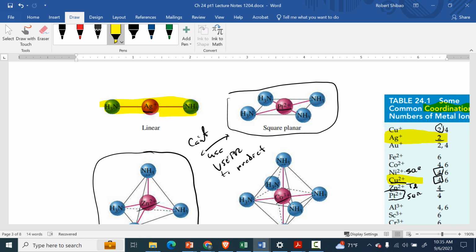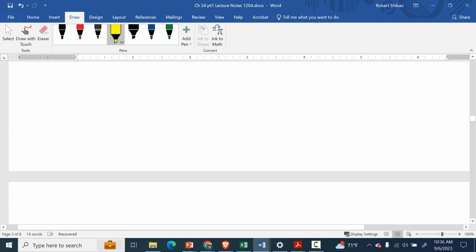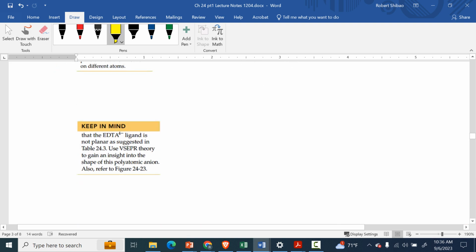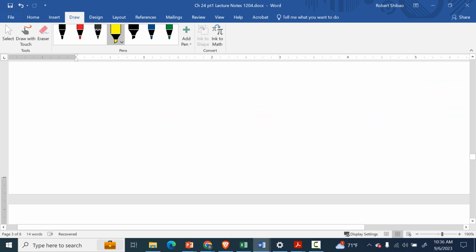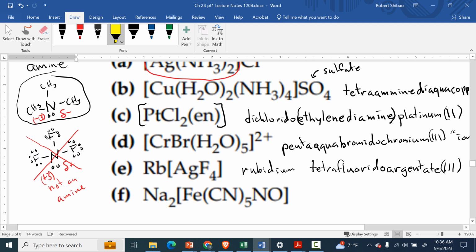So either that's a very unusual complex, or it's wrong. I think it's a typo. I think it should have been not tetra, it should have been di. Then it makes sense. Coordination number is 2, and the charge on silver is +1.